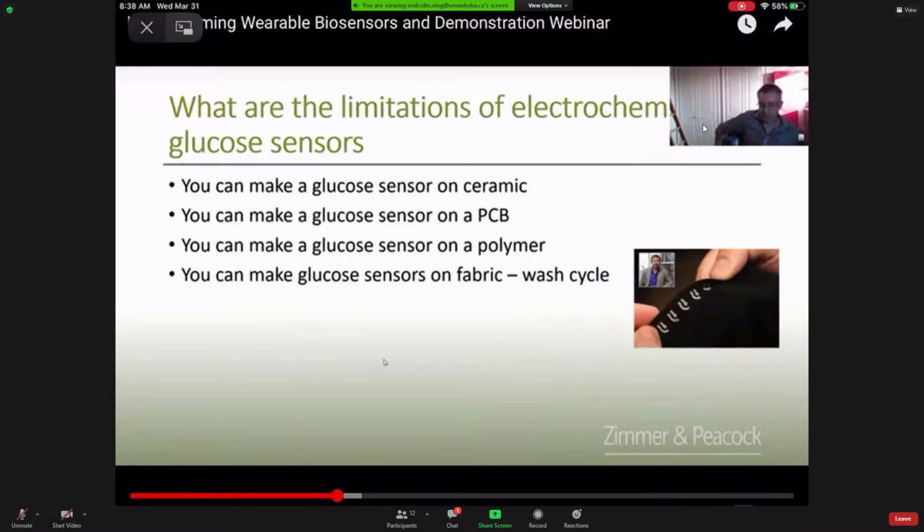For the biosensor or glucose sensor right now, there is a lot more focus on polymer-based glucose sensors. This polymer-based work is like Professor Joseph Wang from UC San Diego, whose work is largely focused on biorobots.